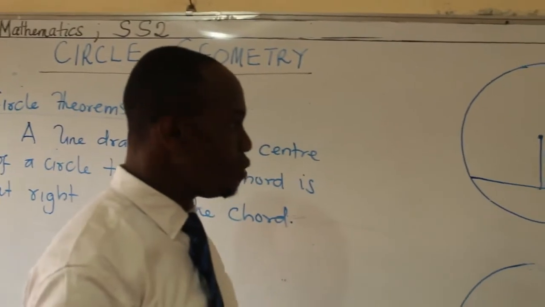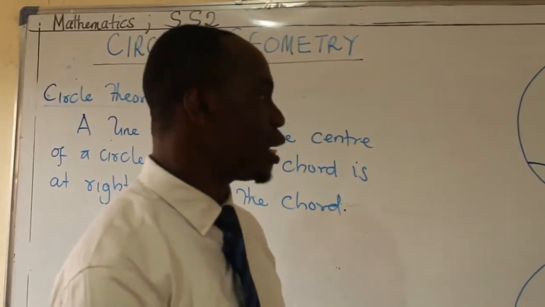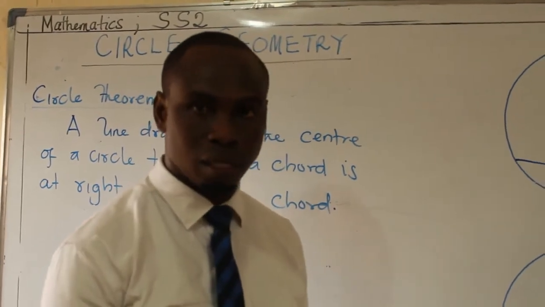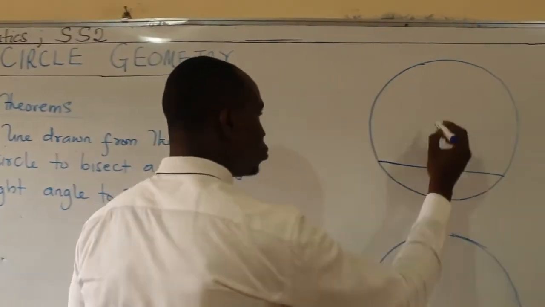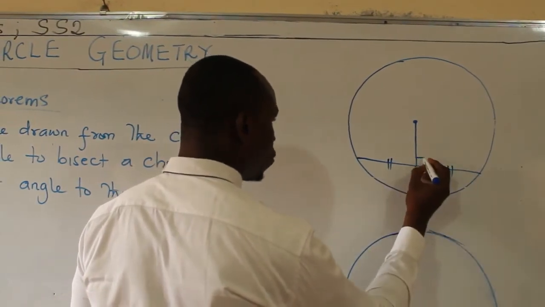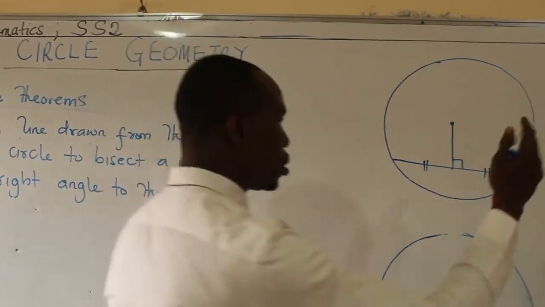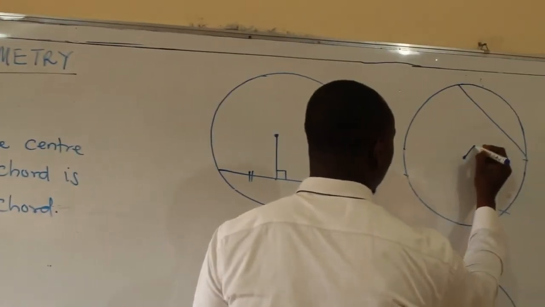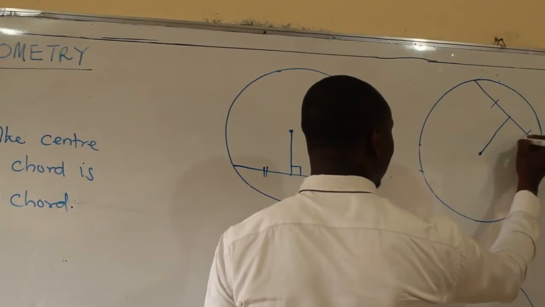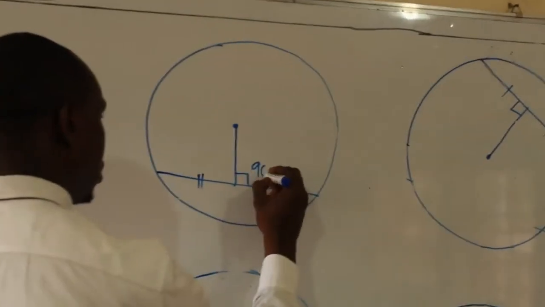If you draw any line from the center of the circle to bisect that chord, the line drawn will always be at 90 degrees to the chord. So if I draw a line from here to this point and I bisect this chord, the angle formed here will always be 90 degrees. Similarly, if I draw it on this other circle, I draw a line to this point to bisect it. The angle formed here will always be 90 degrees.